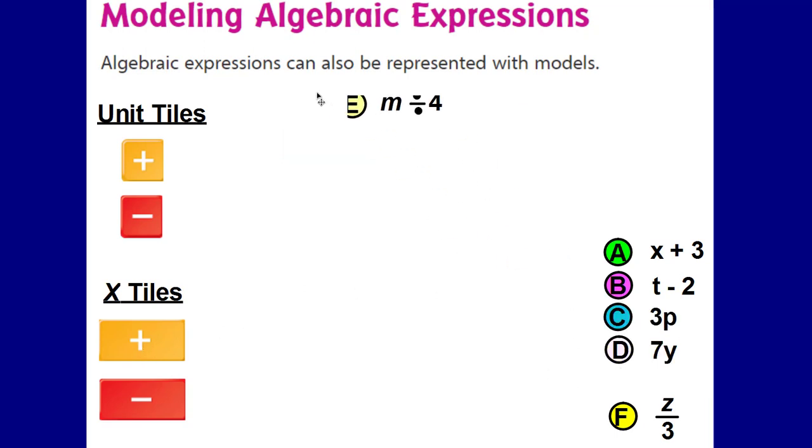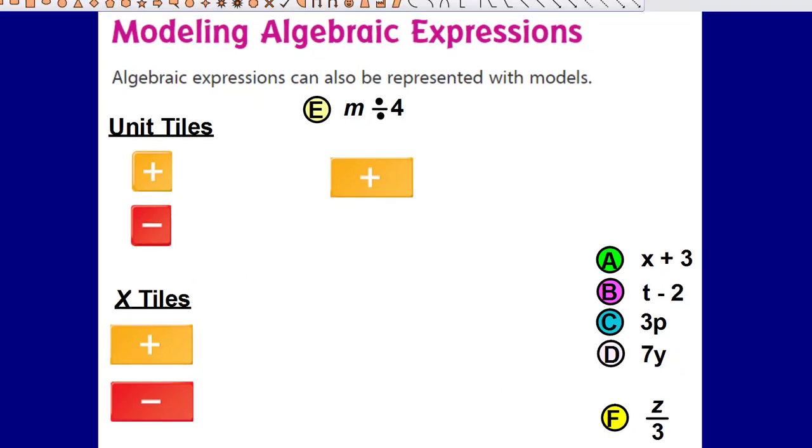Now let's talk about division. M divided by 4. So m is your variable, so you need an X tile. It is positive, and we want to divide it by 4. So what do you think that means to do? Well, hopefully you're saying to yourself, oh, just cut it into 4 equal pieces.